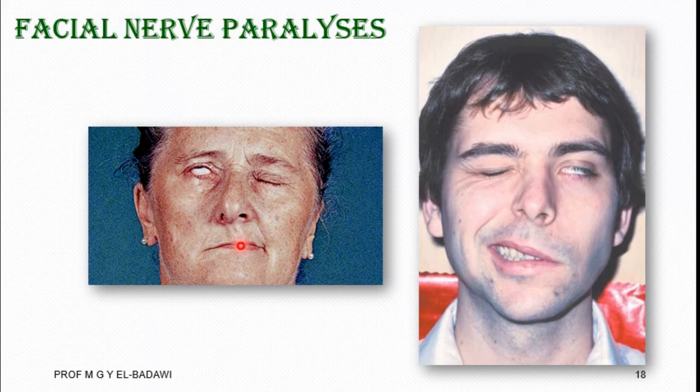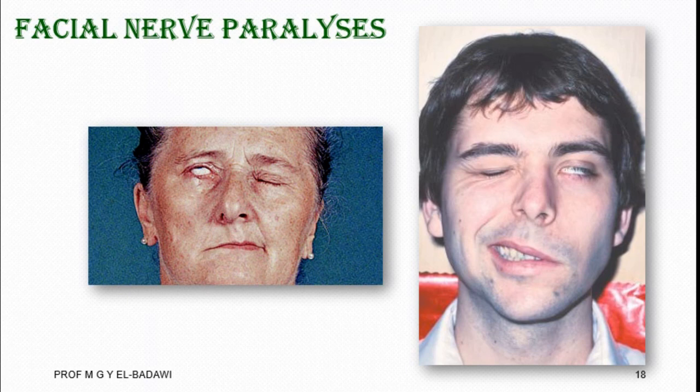But there are many features of the nerve paralysis. The patient cannot blow, cannot whistle, and there will be dribbling of saliva on the affected side. The deviation of the mouth is a very clear sign, and the non-closure of the orbit again is very clear.